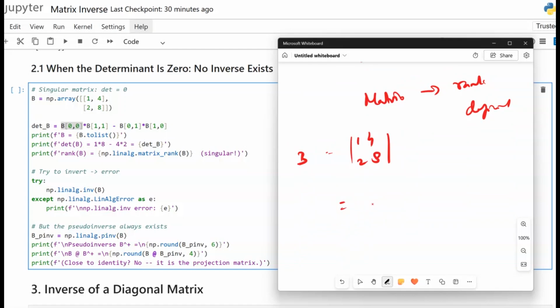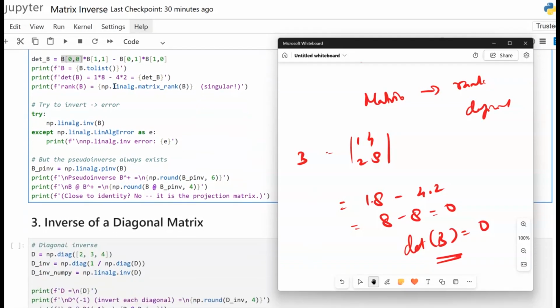Multiplying 1 into 8 minus 4 into 2, of course, 8 minus 8 is 0. So determinant of B is equal to 0, which implies B is singular and non-invertible. Of course, it is defined.